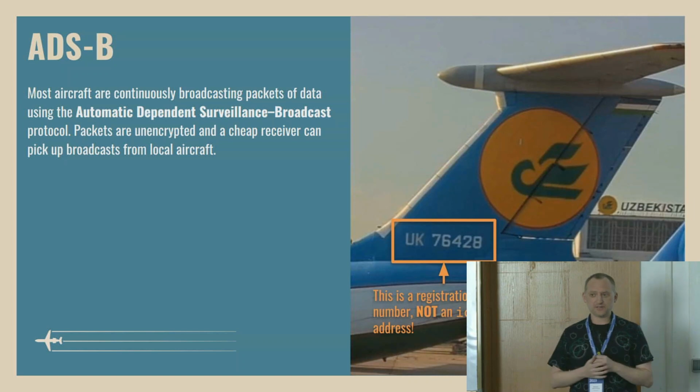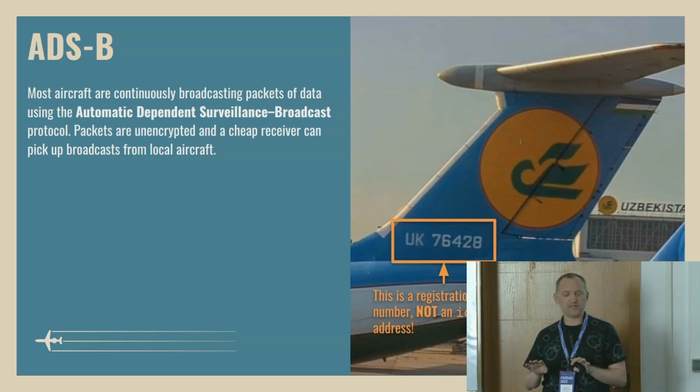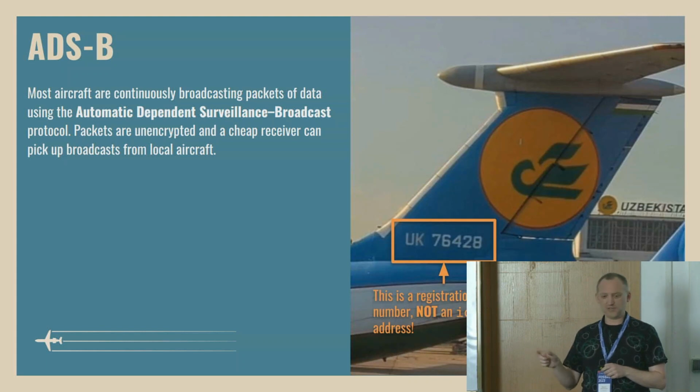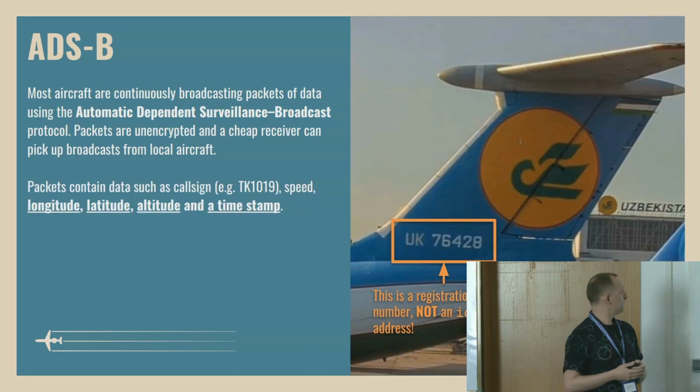As it turns out, aircraft are continually transmitting packets of data as they travel. These packets are unencrypted, and you can buy a relatively cheap device that will plug into the USB port of your laptop, and that can receive this data and decode it, and you can get interesting information about aircraft as they travel.